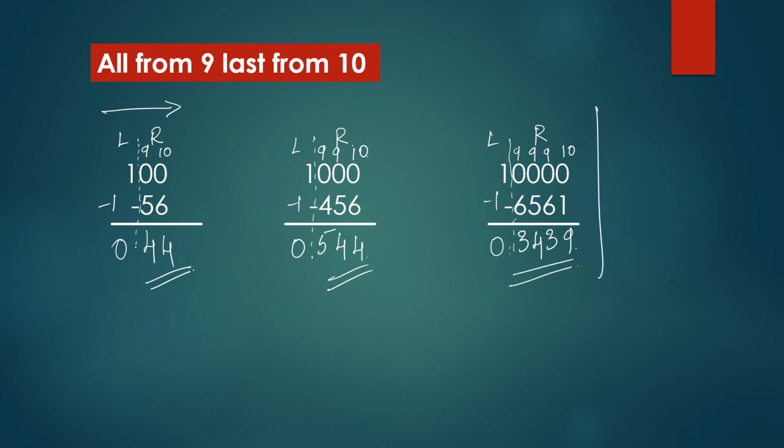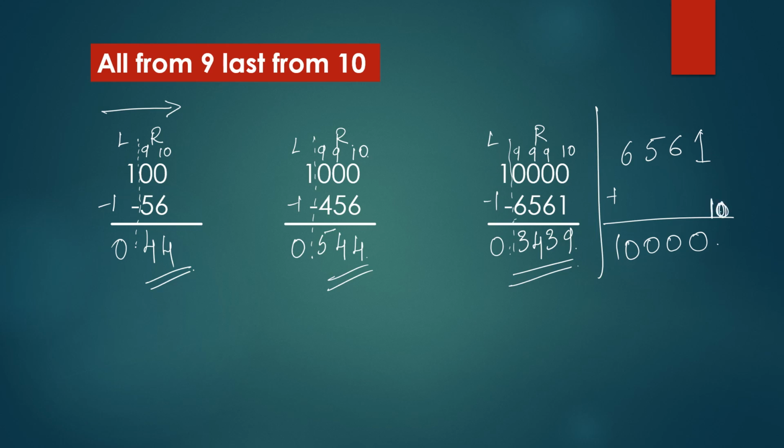This question we can also do in this way. 6561 plus how much will be equal to 10,000. But here we don't have to worry like 1 plus how much is 0, 6 plus 0, and all. Nothing to worry. So what we can do is, you should find such numbers in such a way that the unit place number you have plus how much will be equal to 10 here.